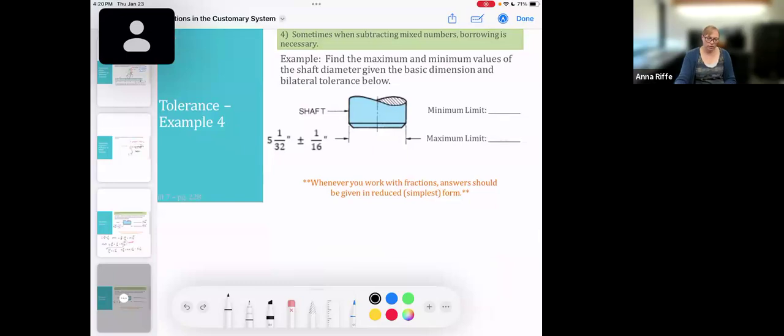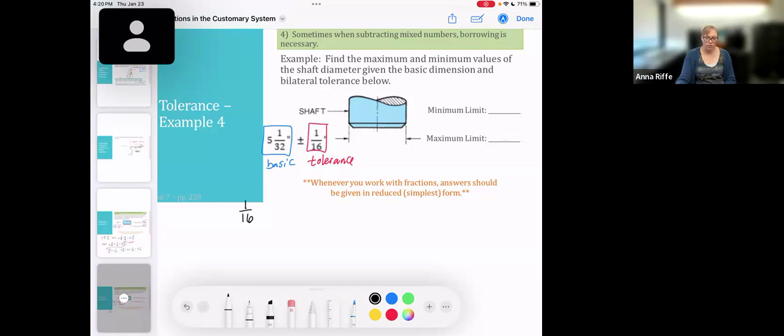So let's do at least one example of that. This one has, again, a basic dimension of 5 and 1/32. It has a tolerance of plus or minus 1/16. So let's start again by rewriting this so that everything has the same denominator.